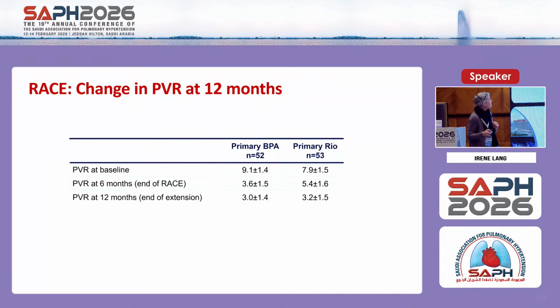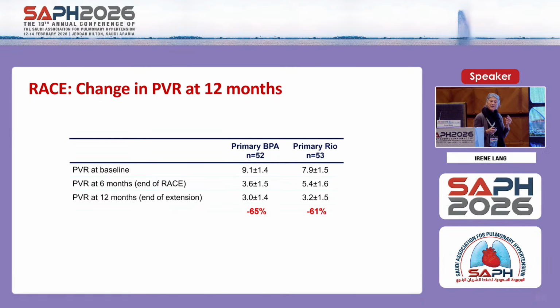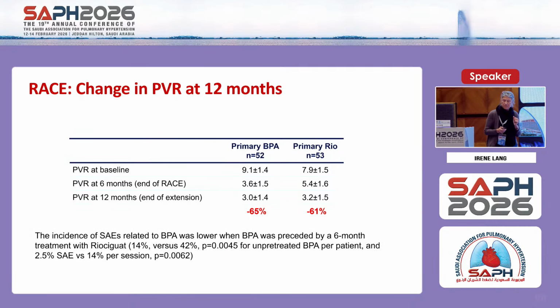Well, we have had this discussion. In RACE, one of the readouts of the extension study was that BPAs reached a 60 to 70% decrease in PVR, and it appeared to be safer if patients were pre-treated.